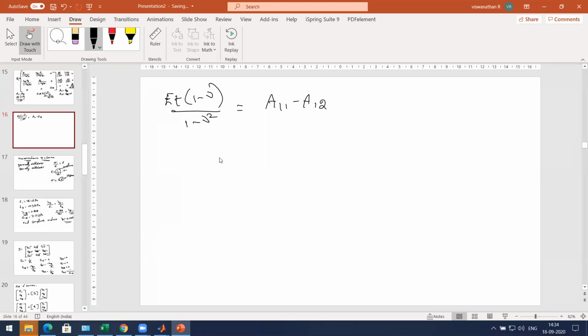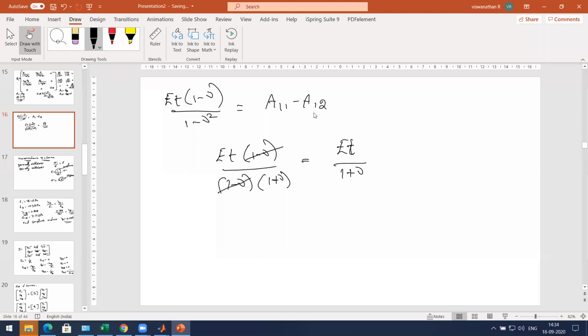Now this can be written as Et into 1 minus nu divided by 1 minus nu square. I can write it as 1 minus nu into 1 plus nu. A plus B into A minus B is A square minus B square. So I'll cancel this out, and I'll be left with Et divided by 1 plus nu.